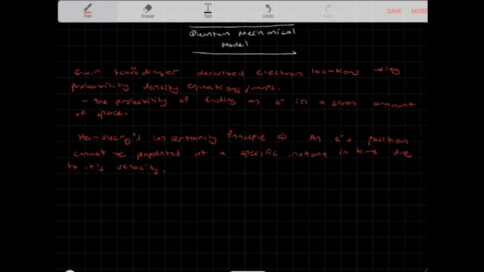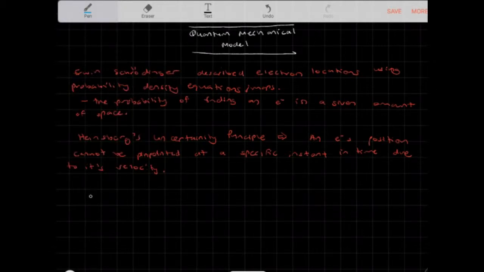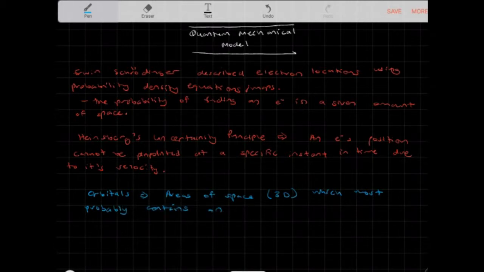So based on these two things, we then had the notion of an orbital. Orbitals are basically areas of three-dimensional space which most probably contain an electron, right?